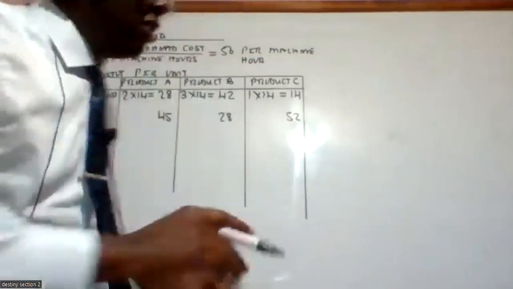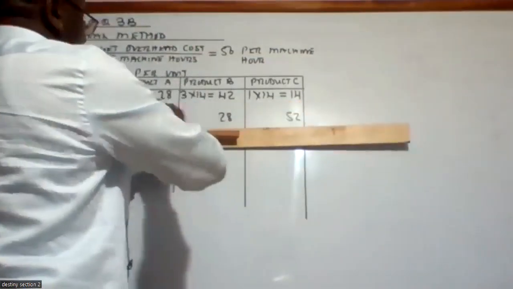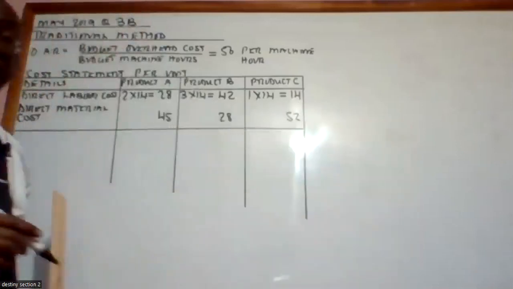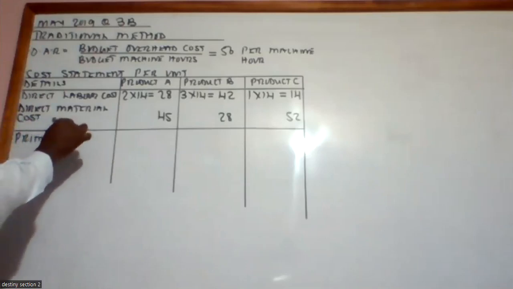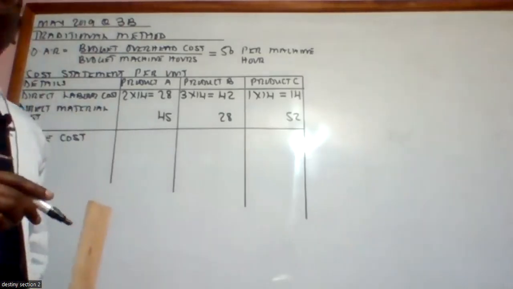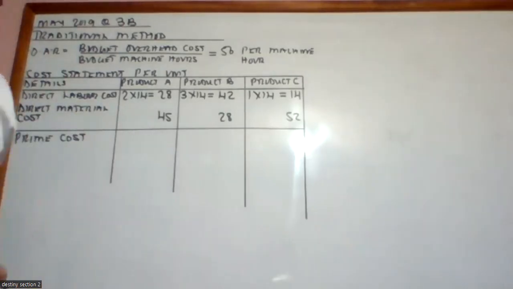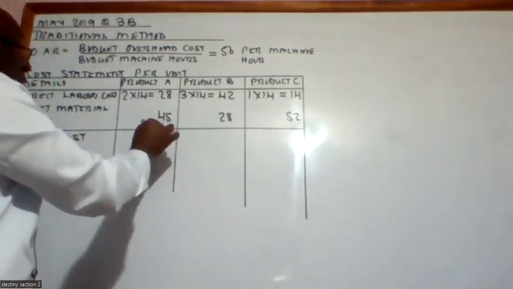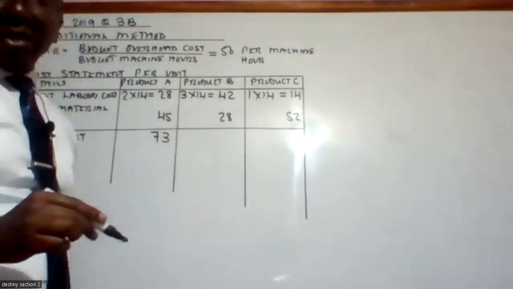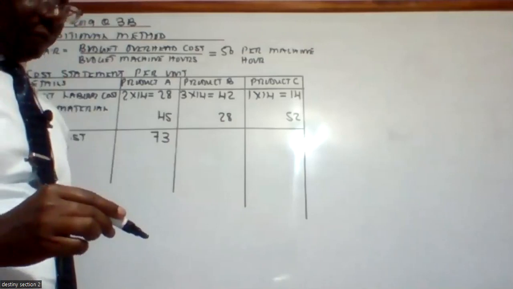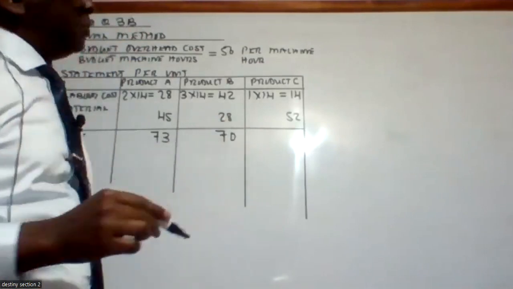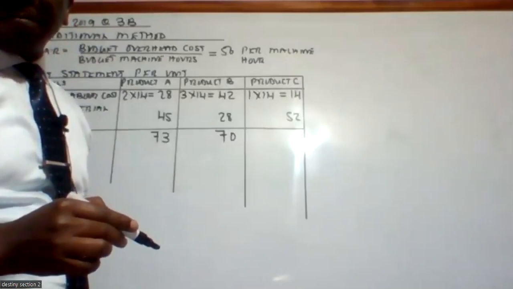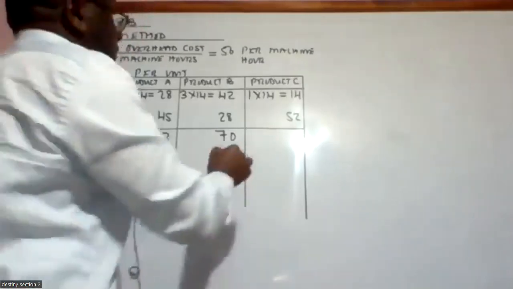When you add direct costs, the answer you get is called prime costs. 28 plus 45 is what? 28 plus 45 is 73. 42 plus 28 is 70. 14 plus 52 is 66.